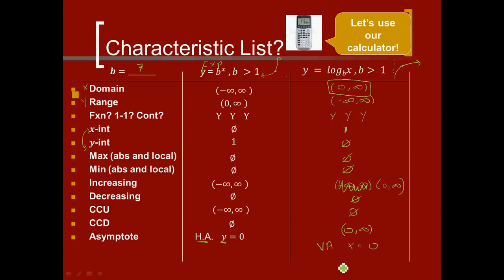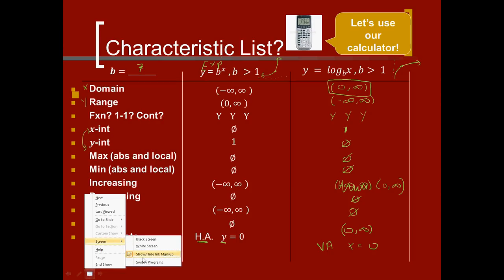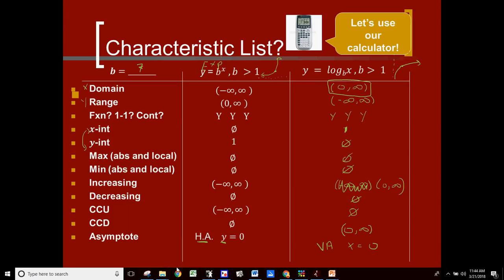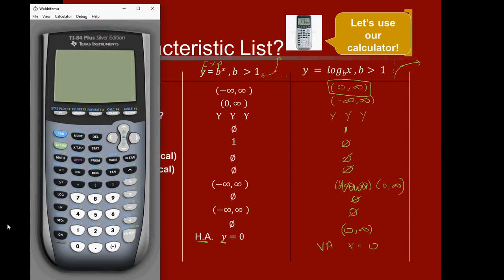Alright, let's get out your calculator and look at this on my calculator. What the heck? Ace of base, baby. Now, I know this calculator has a place where I can enter base 7, but not all calculators do.